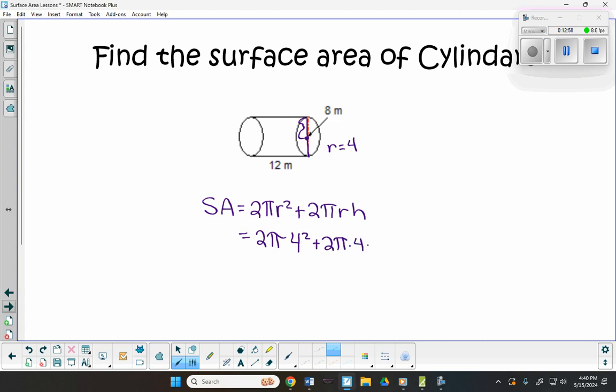And then the height is the distance between the circles, which is 12. And then you can type that out, which should be 402.1 square meters.